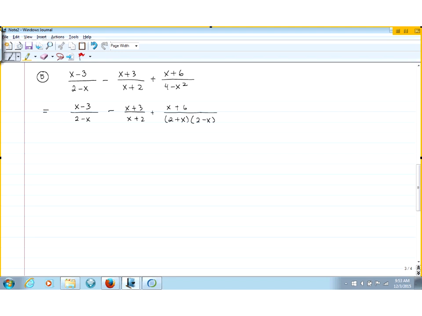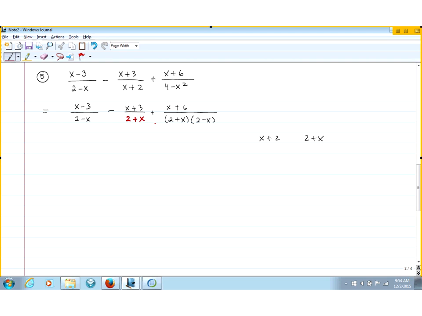How about x plus 2 and 2 plus x? Are they opposite? No, they're exactly the same terms. It's just that they are written differently. So do you want to write it as x plus 2 or 2 plus x? 2 plus x, right? Because the other one is 2 minus x. So I'm going to erase this and write these as 2 plus x, otherwise it will be confusing. x plus 2 is the same as 2 plus x anyway.